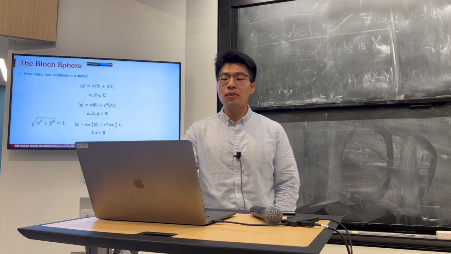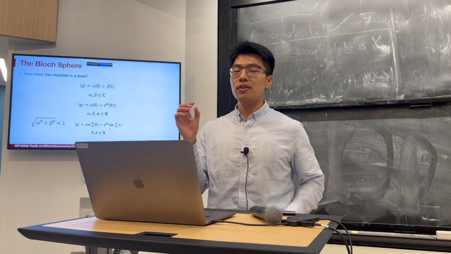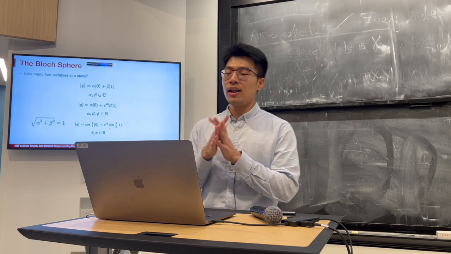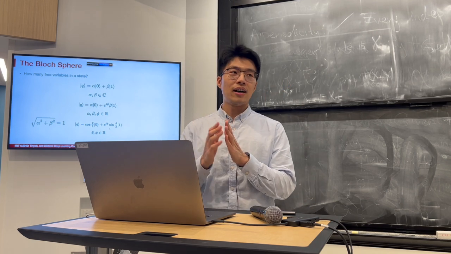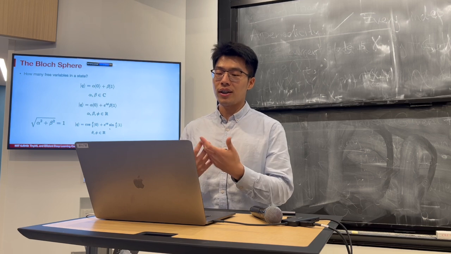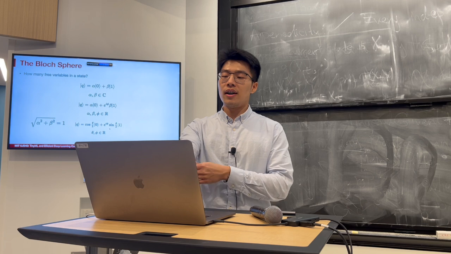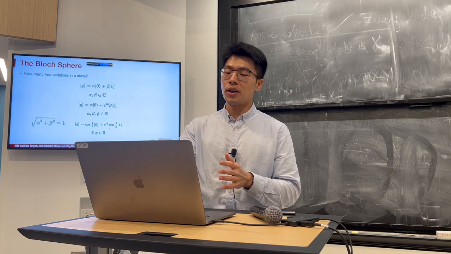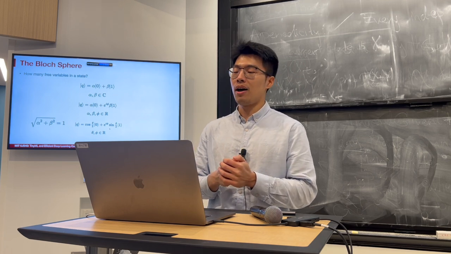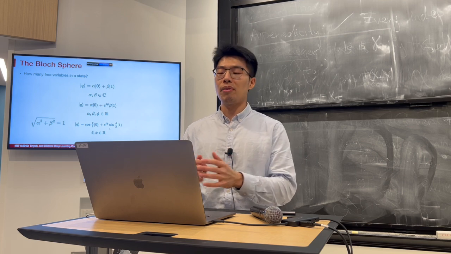Okay, in order to have an intuitive and visual understanding of the state of the qubits, we can use another powerful tool called the Bloch sphere. Here, the mathematical representation for a qubit is alpha 0 plus beta 1, where alpha and beta are complex numbers.